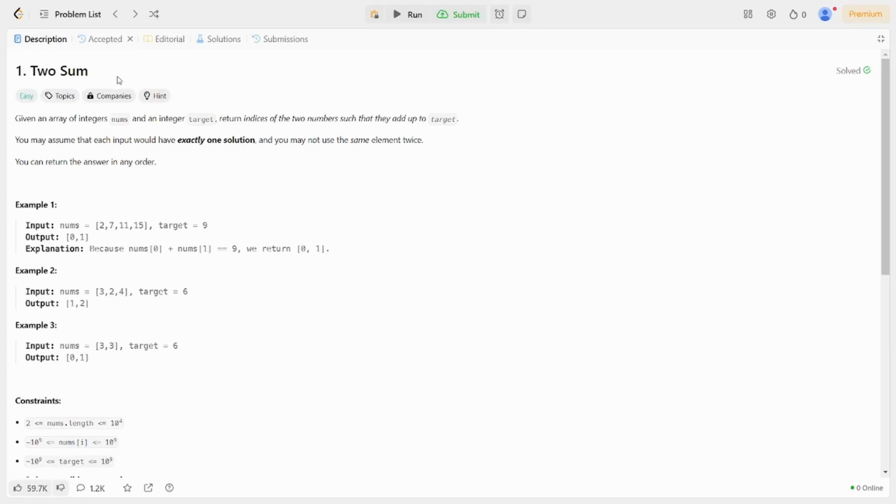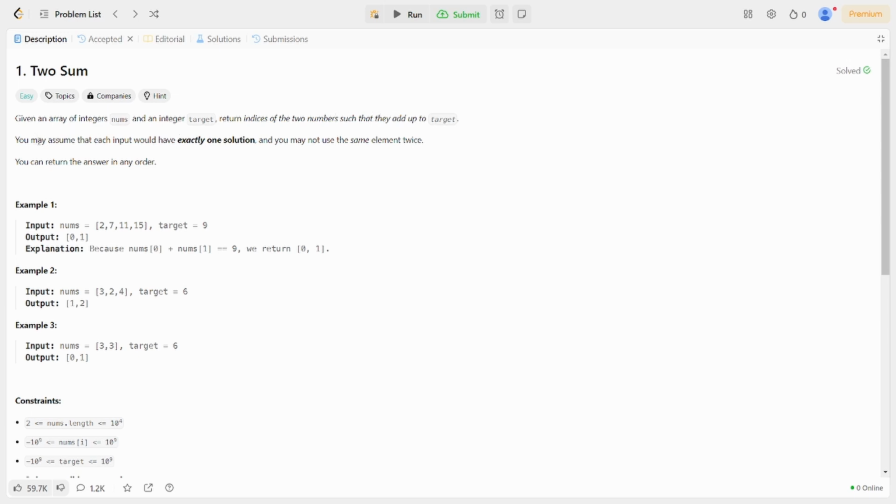Alright, so today I will show how to solve the TwoSum problem in LeetCode, which I will read right now. We're given an array of integers called nums and one extra integer called target, and we want to return the indices of the two numbers such that they add up to target.